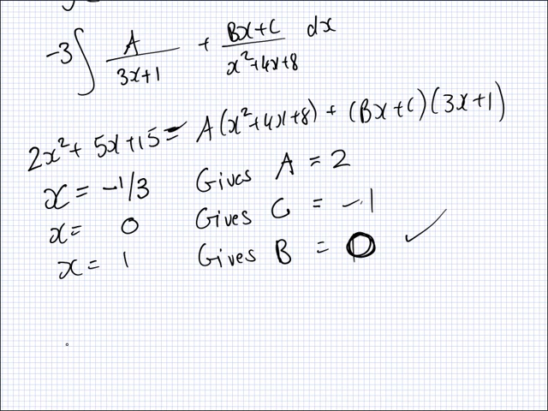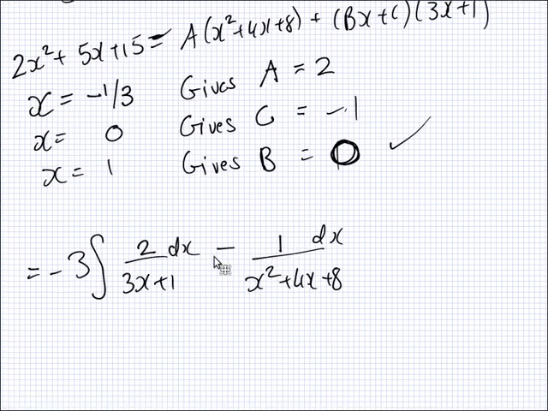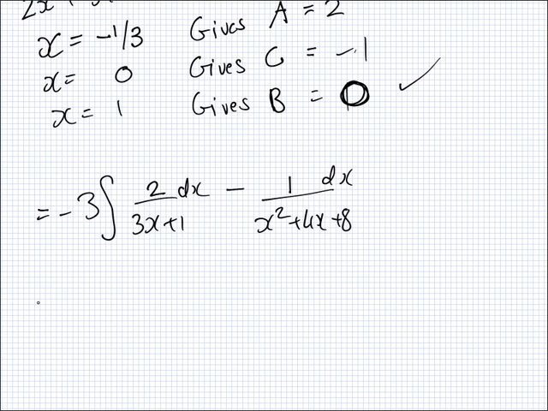So this is minus 3, integrate 2 over 3x plus 1, minus 1 over x squared plus 4x plus 8 dx. Now, the first one is easy peasy, right?